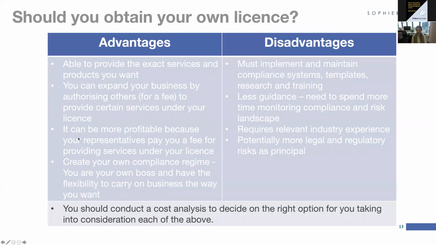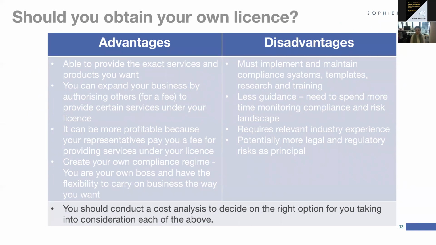So should you obtain your own license? There are many advantages and disadvantages, and this is a question that we get quite often. Of course, you'll need to conduct a cost analysis to decide which option is appropriate for you, taking into consideration all of your circumstances. But by obtaining your own license, you can provide the exact services and products that you want.